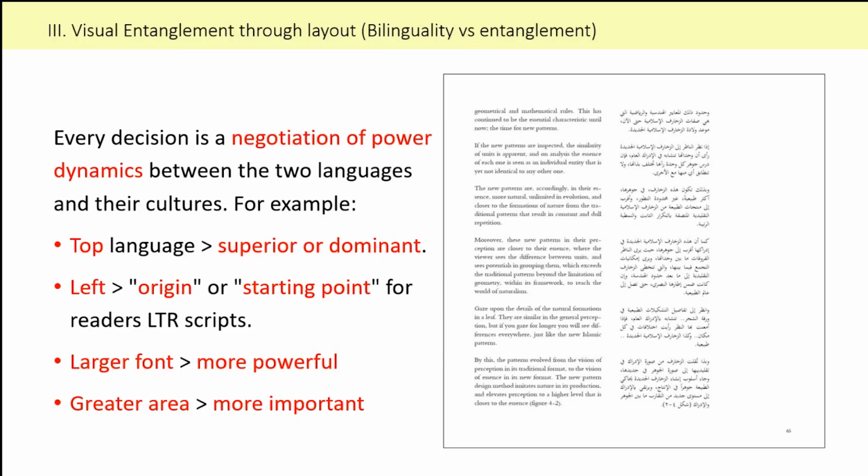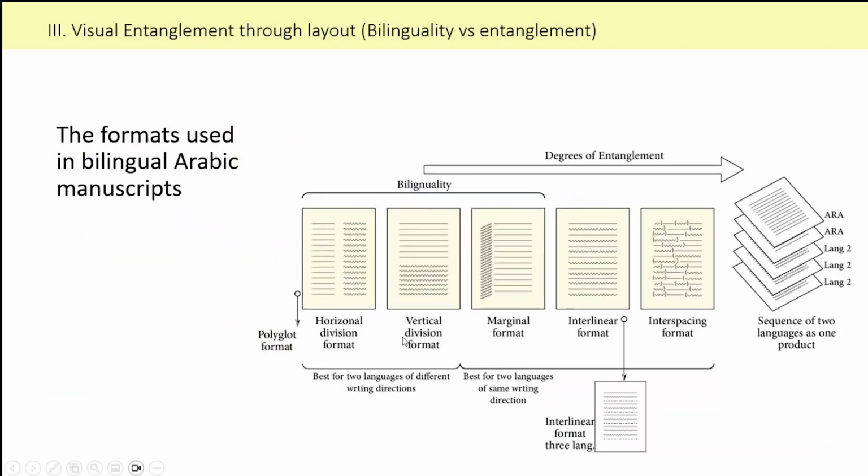For example, and this is only an example, the top language is thought to be superior or dominant. Left is the origin or the starting point for people reading left to right. Larger fonts are more powerful. Greater area is more important. So there's always something a designer must pay attention to.